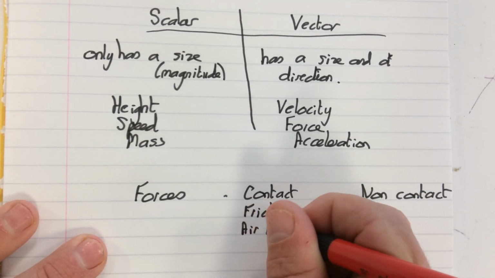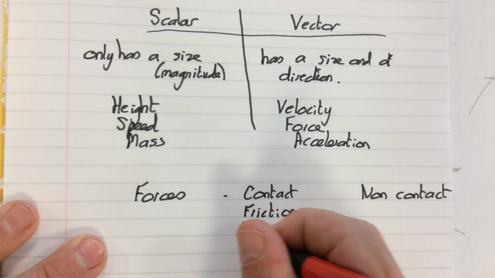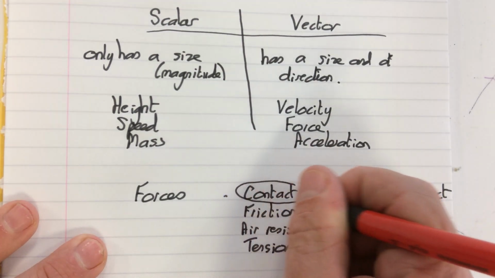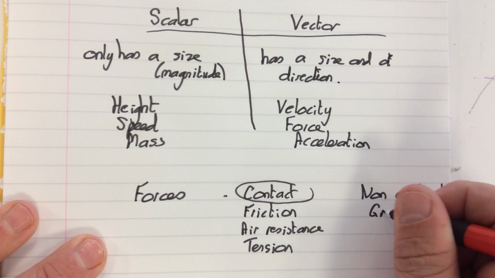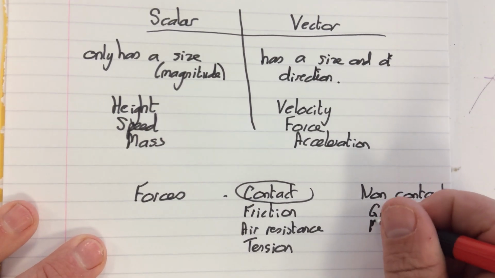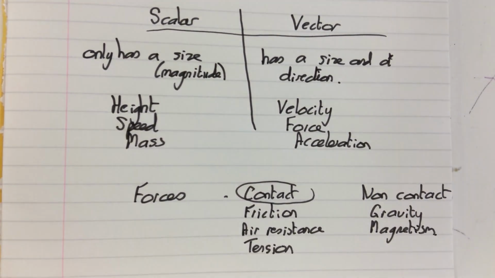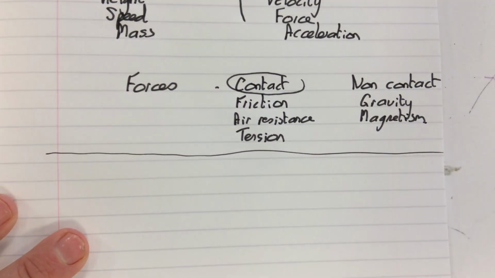Air resistance and tension. Okay, they're called contact forces, and a non-contact force would be gravity and magnetism. Okay, so that's just a little bit introduction to forces and quantities.